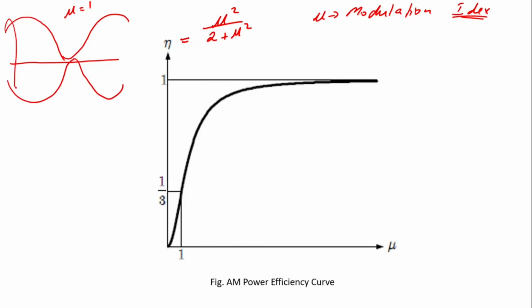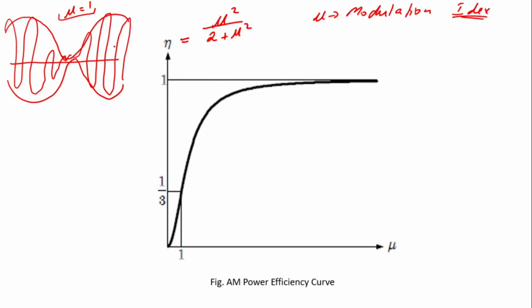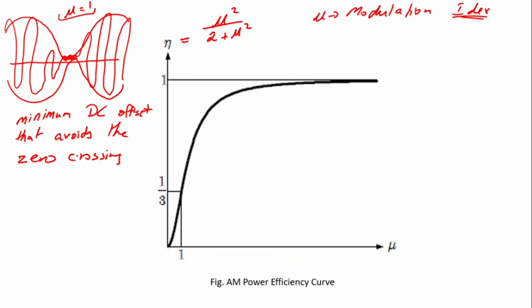So this is the case of 100% modulation, that is the borderline case, and this is the minimum amount of shift that we can give, and it would not have any zero crossing. So that is the minimum DC offset that avoids the zero crossing, and this is simply mu equal to 1.